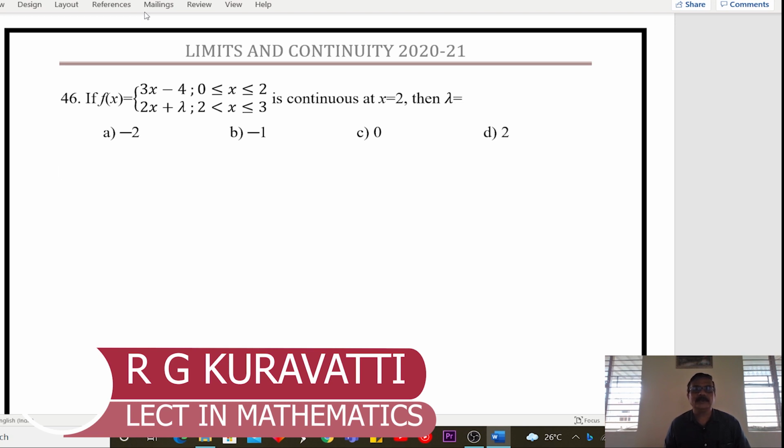Now here inequalities are given, so what can you do? Observe the inequalities. What are the same values? Here 2 is the same number, so we find LHL and RHL.